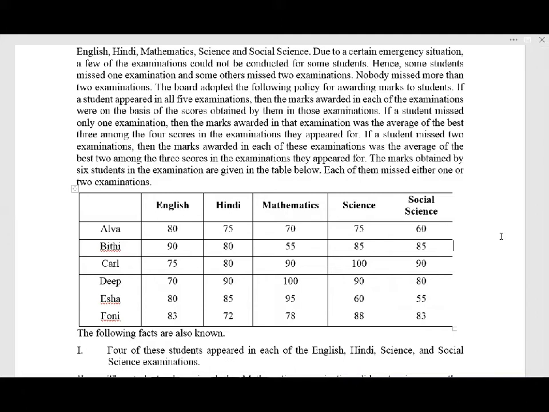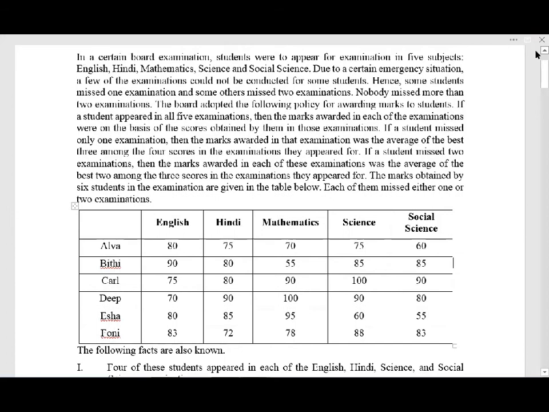What we have: English, Hindi, Math, Science, Social Science. Sorry, I missed the first line. In a certain board exam, students will appear for examinations in 5 subjects. You can see the subjects: English, Hindi, Maths, Science, Social Science.